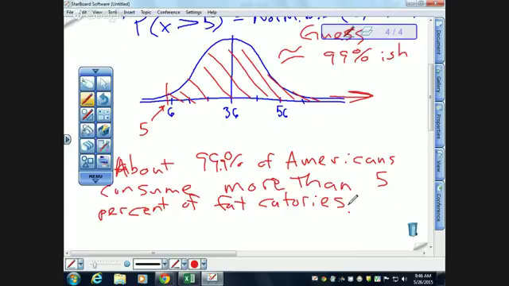So if I were to call 5 a percentile, what percentile would it be? It'd be smaller than the first percentile, because it's actually less than 1%. Okay, what would 36 represent in terms of a percentile? The 50th percentile, right?